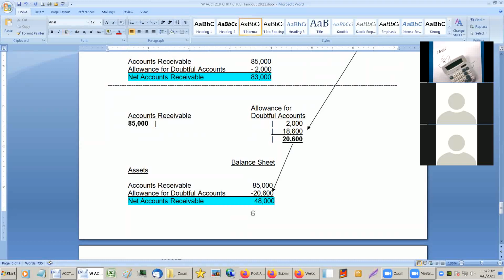Minus 20,000, so what is that? 64,400. I'm going to check that. All right, so 85,000 minus 20,600. Yeah. Okay, and this would be the amount that would be on there.